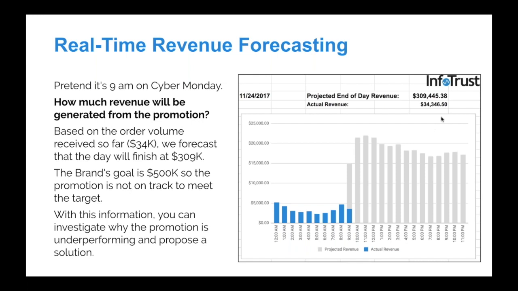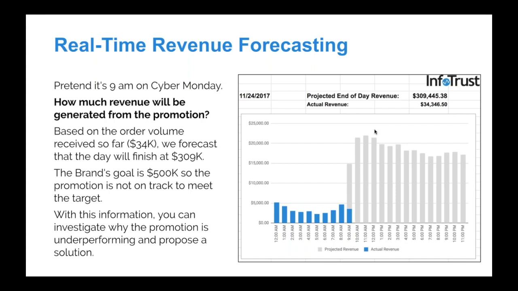In our hypothetical example here, we've got about $34,000 in, projected to end a little over 300,000. Problem is, the sales target for today is actually $500,000. So coming in and seeing this in the morning is concerning, and potentially something is broken or not right.